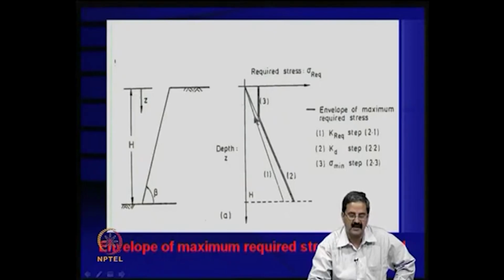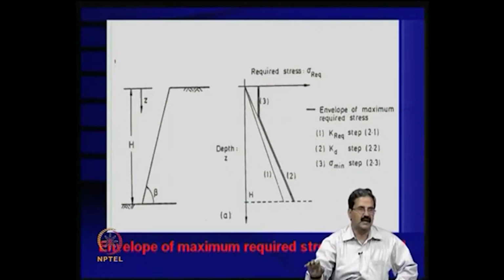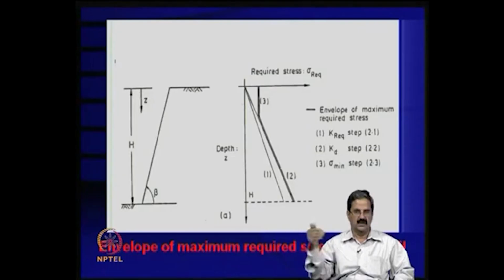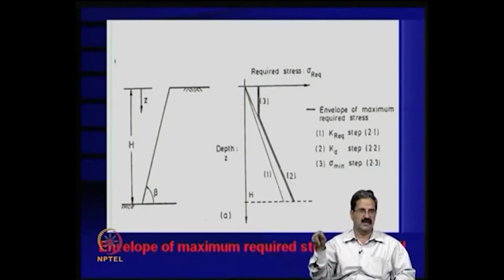So if you just calculate the reinforcement based on this, how do you calculate the reinforcement force? It is nothing but K required into gamma h into SV into SH, as simple as that. You have some vertical spacing and horizontal spacing in the case of some reinforcement elements. So, that is the tensile force that is mobilized, or likely to mobilize.